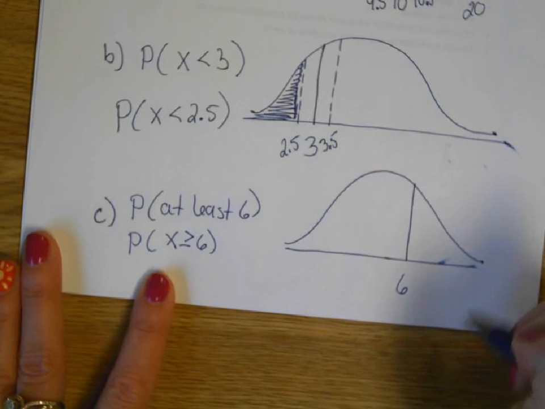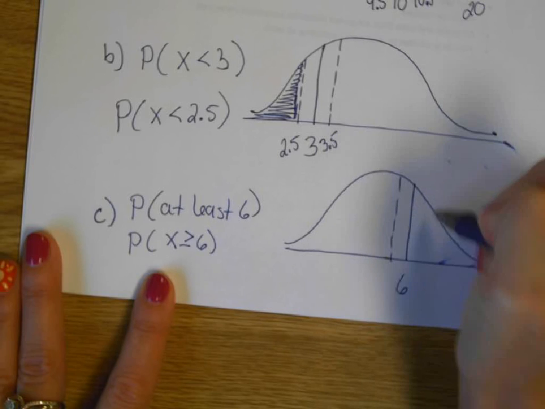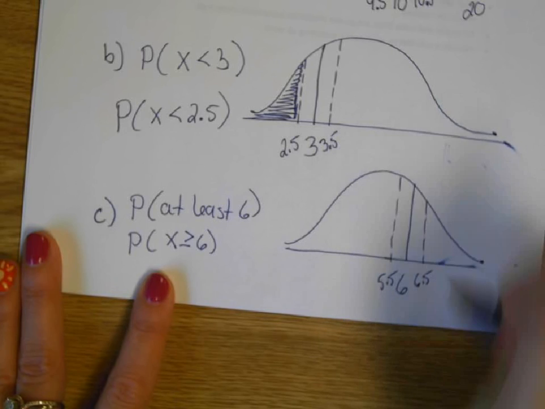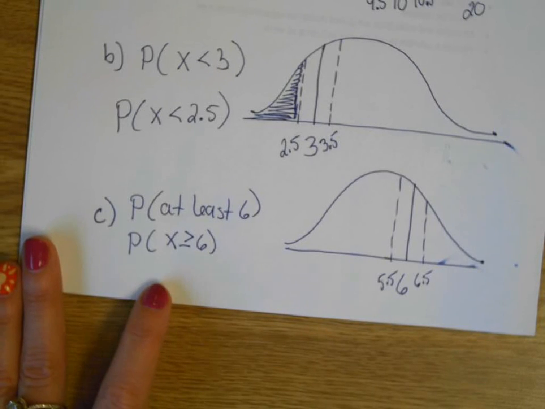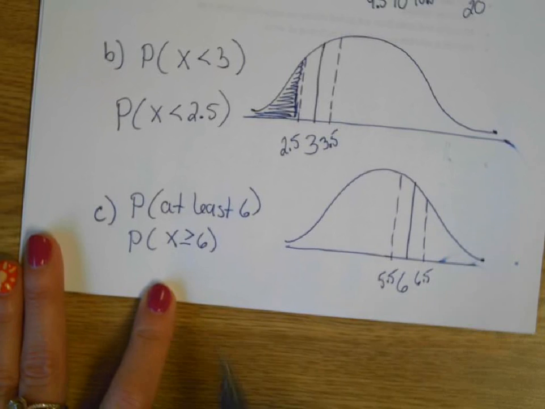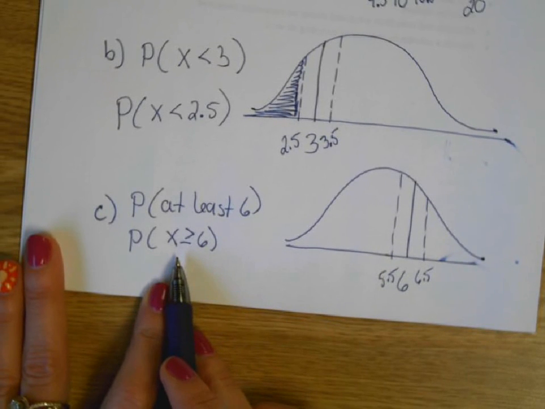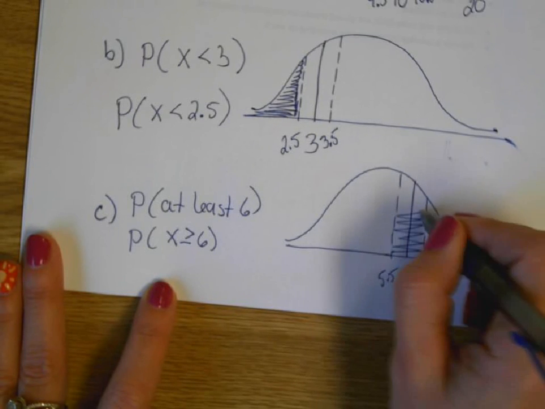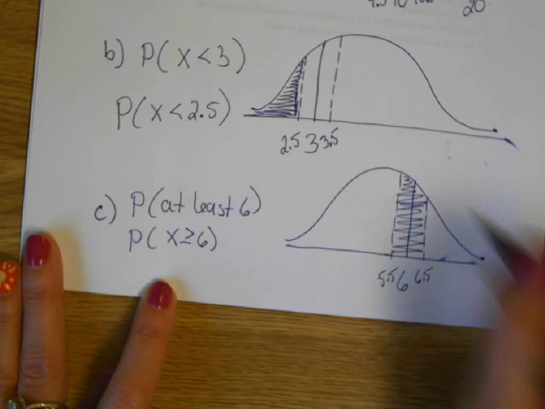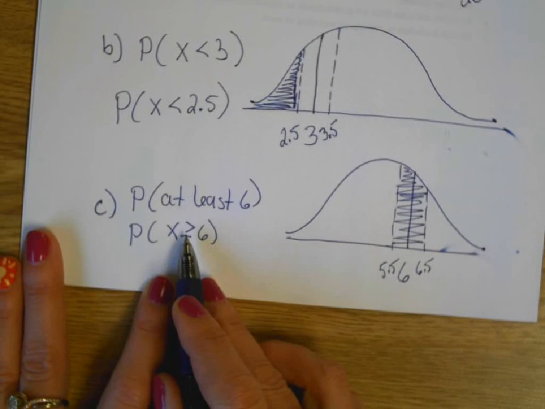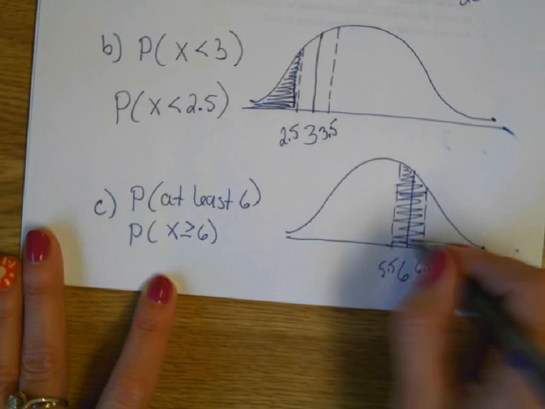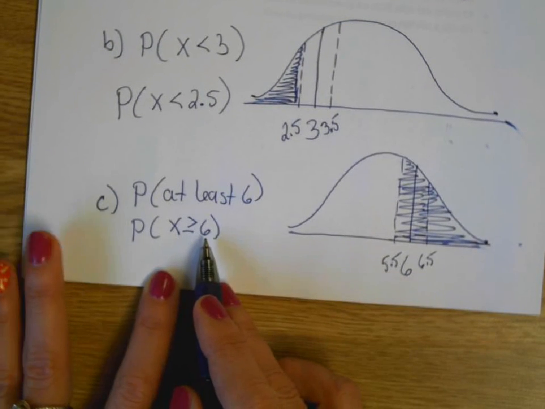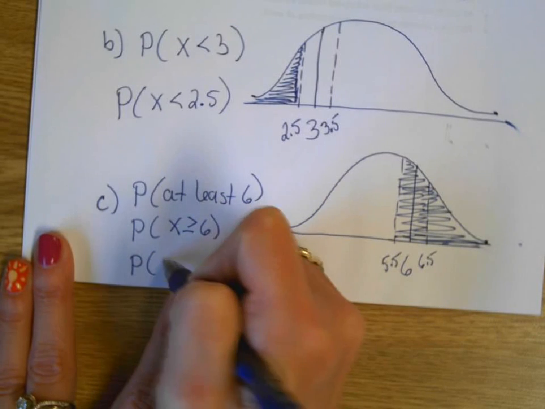So give yourself a 6, the 5.5, and the 6.5. The first thing you decide is, is the x included? Do I want to shade inside the bar? Yes, so I do shade inside the bar. And then am I shading above or below the bar? For greater than, above. So that means the shading starts at that edge. So what does the 6 get corrected to? Where does the shading start? 5.5.